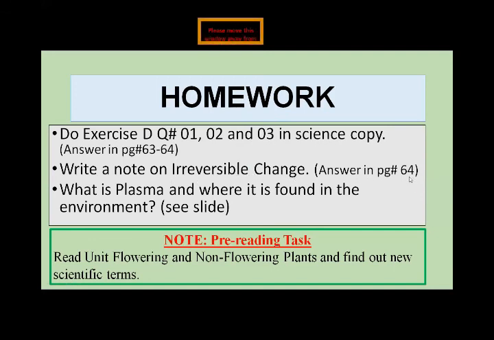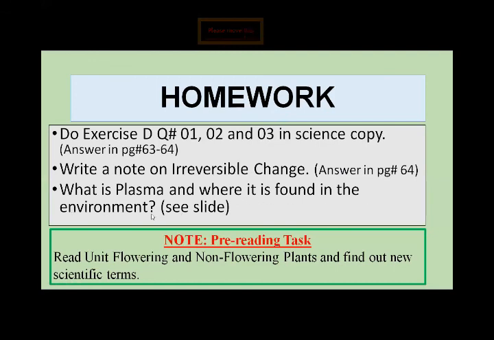The answer is present on page number 64. On page number 64, here is the answer on irreversible or physical change. And the third question: what is plasma and where is it found in the environment?